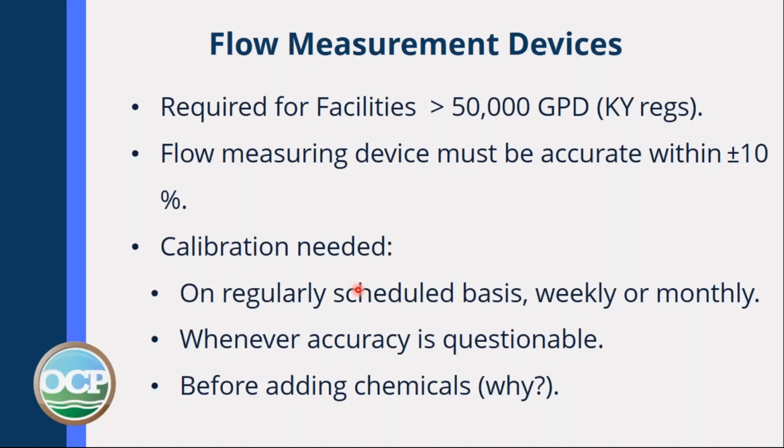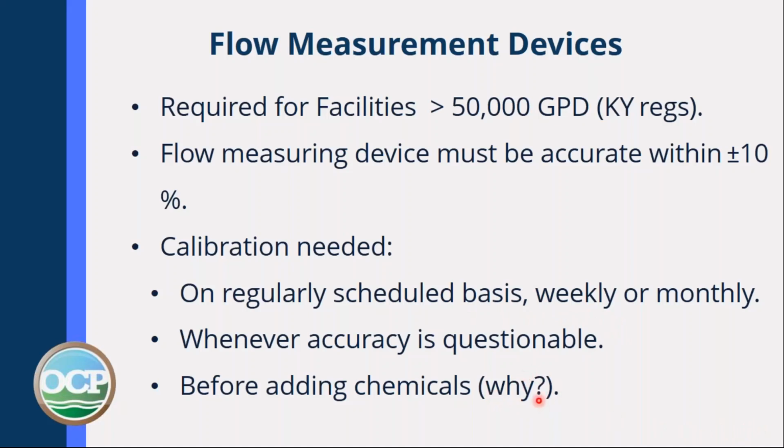You will also need calibration if you ever think that it may not be working correctly, if it's been repaired or replaced. And if you're using it as a measurement for chemicals, certainly before you add your chemical to the water, make sure it's calibrated, even if it's not on the regular schedule on a daily or weekly basis.